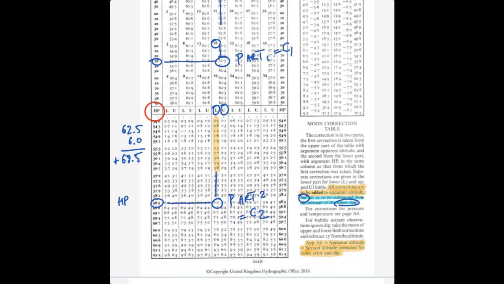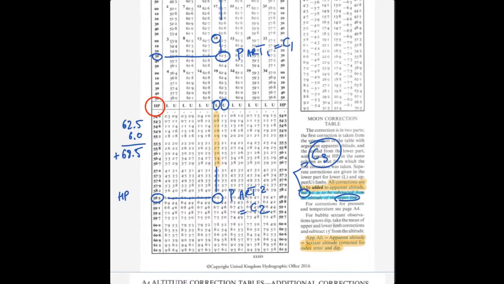So this can be then maybe your C3, and then additionally C4 can be for non-standard atmospheric conditions. So these are the 3 or 4 corrections that you should apply for the moon.